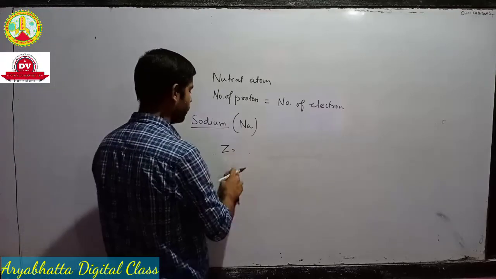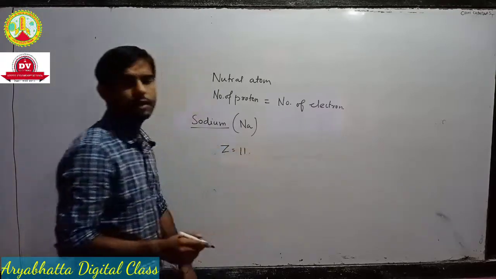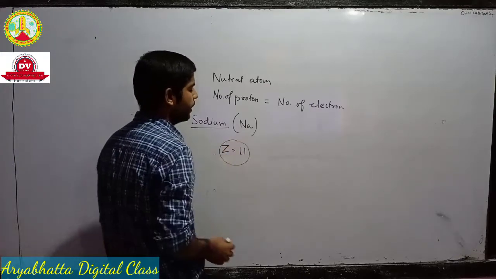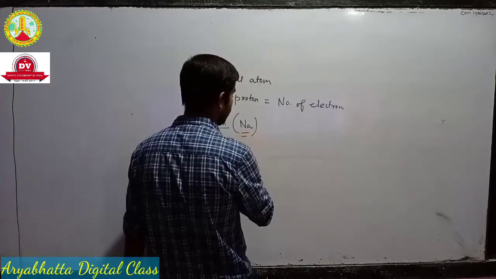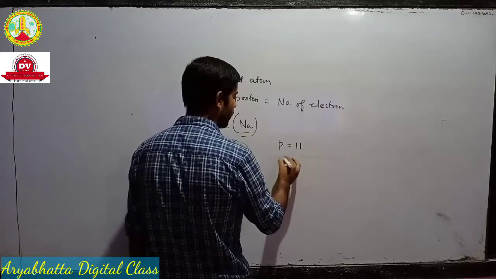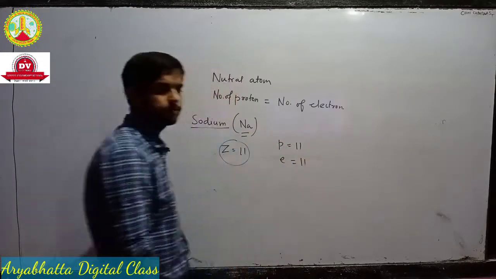Sodium has atomic number 11. So what does that mean? It means that a sodium atom contains 11 protons and 11 electrons.